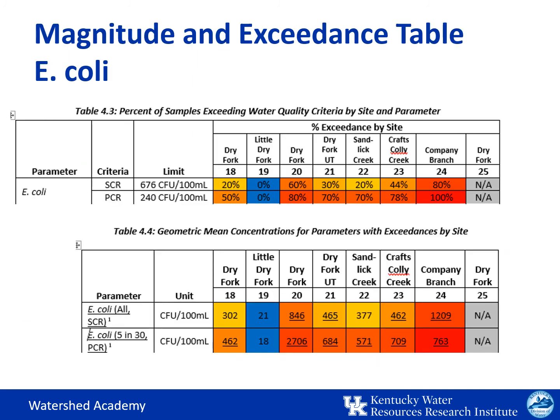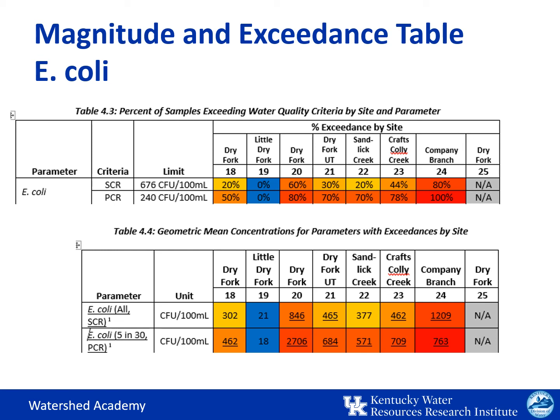We talked about the difficulty of telling the story of E. coli data, that is, showing the magnitude and the percent exceedance of these values. This is one way in which you can communicate that data. So here we have the E. coli and the two different criteria, SCR being for secondary contact, PCR being for primary contact. And you can see the percent exceedance of each of those values by site.